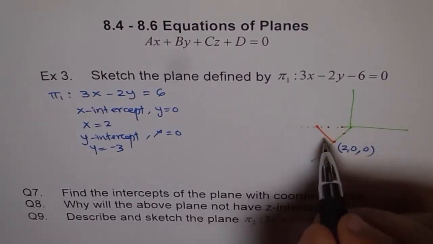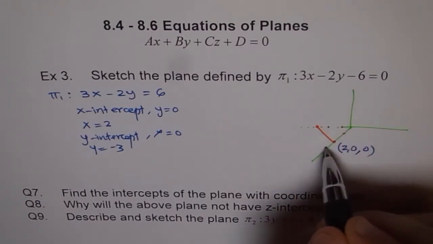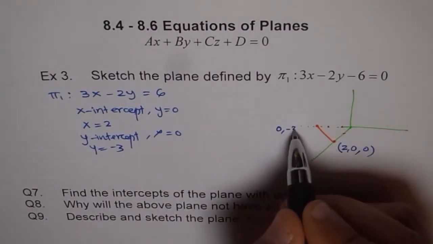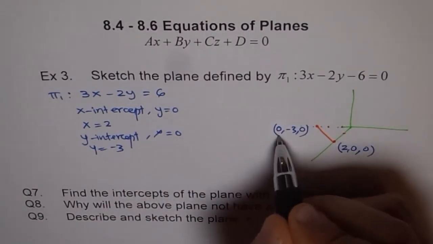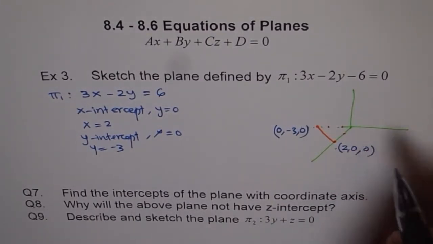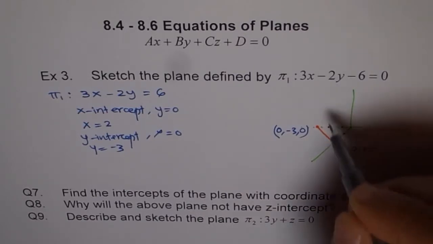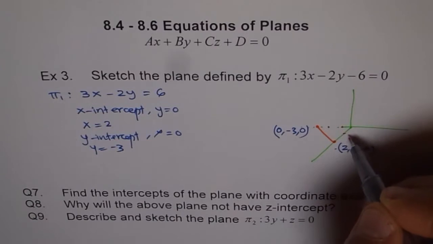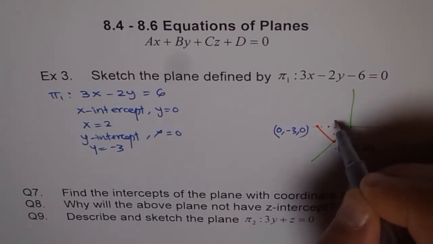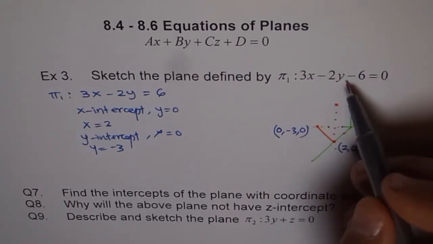Here we have x as 0, y value is minus 3, and z is 0. Now consider a point which is 2, 0, and let's say 5. Does it lie on this plane?